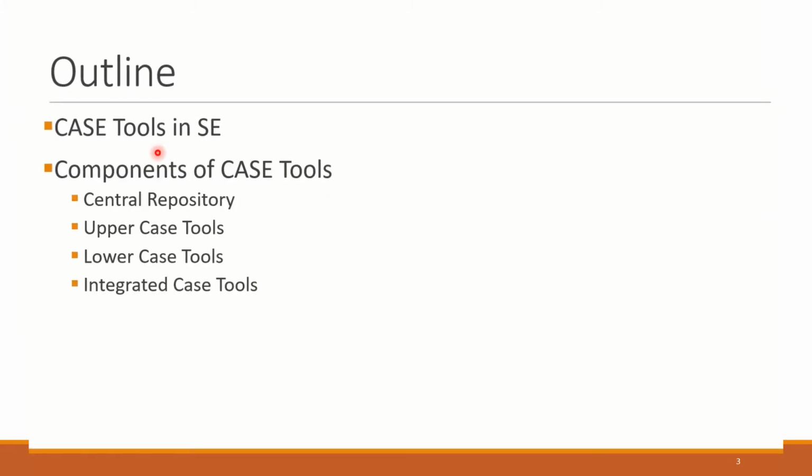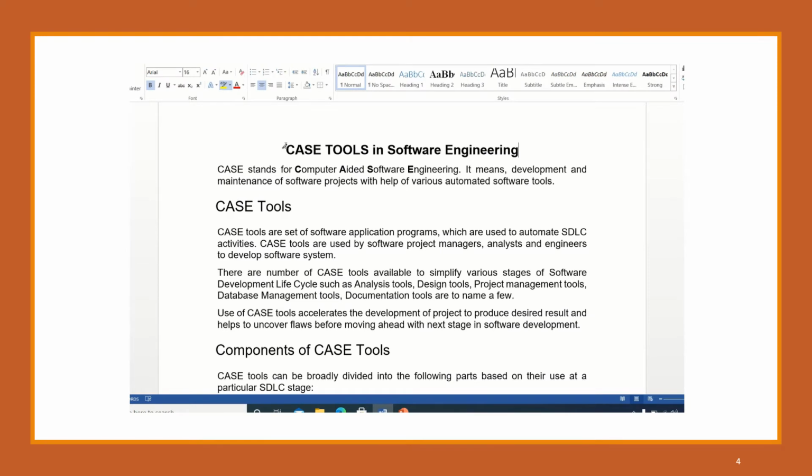Topics included in today's lecture shall constitute basically the CASE tools in software engineering and the components of CASE tools, that are basically the central repository, upper CASE tools, lower CASE tools, and finally the integrated CASE tools. So starting with our first topic, that is CASE tools in software engineering.